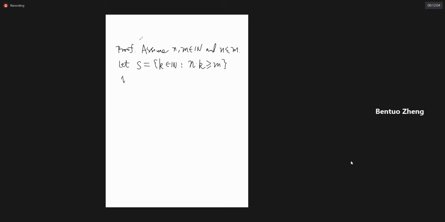We first prove that S has at least one element.